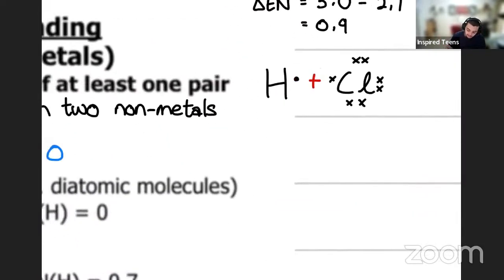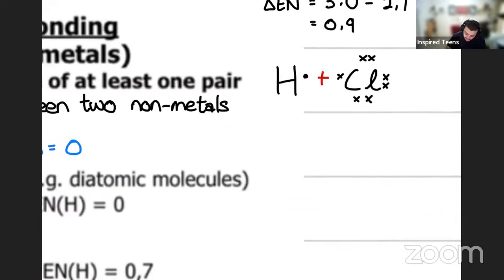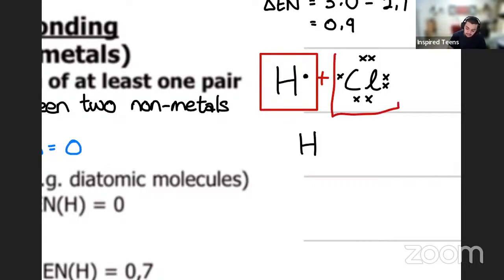So what happens here is hydrogen and chlorine will bond and they will share electrons. The total amount of electrons that hydrogen can store in its outermost orbital is 2, so hydrogen is complete with 2. Most of our elements can have up to 8 and are satisfied with 8.